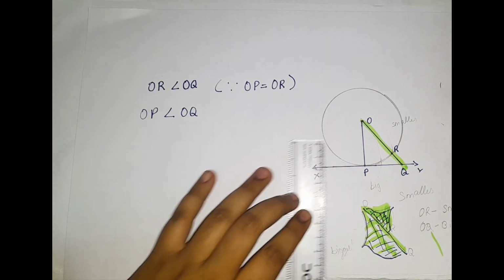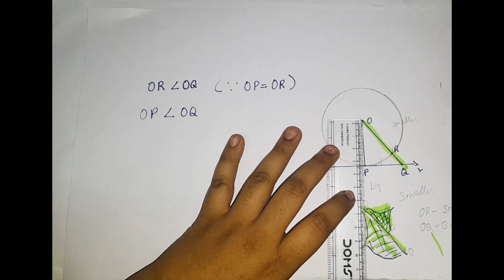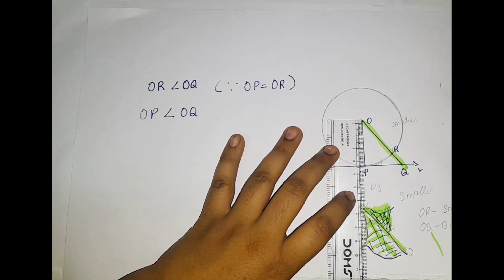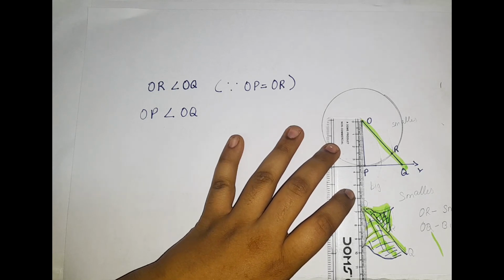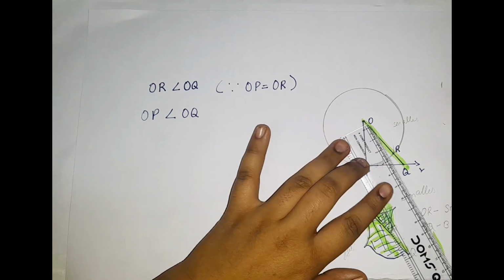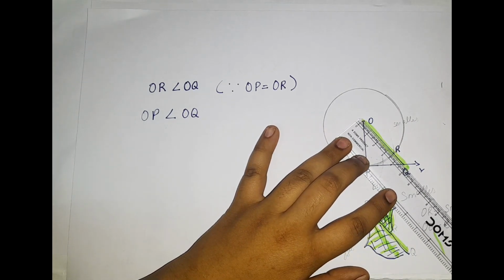So now let's measure it from the start. Let's measure OP. According to the scale, OP is 3.6. But according to OQ, it is 4.7. It is way too big.